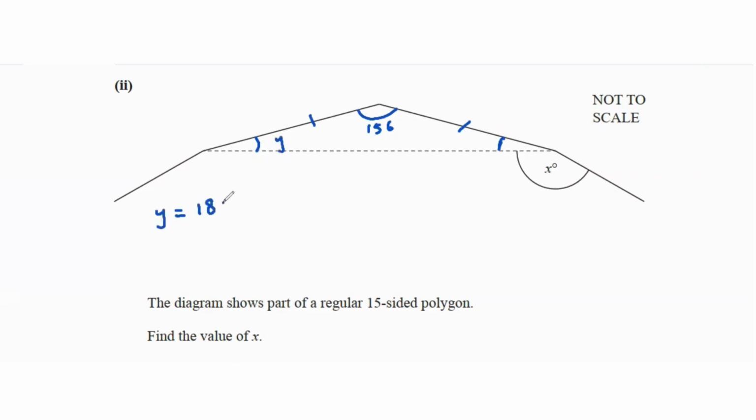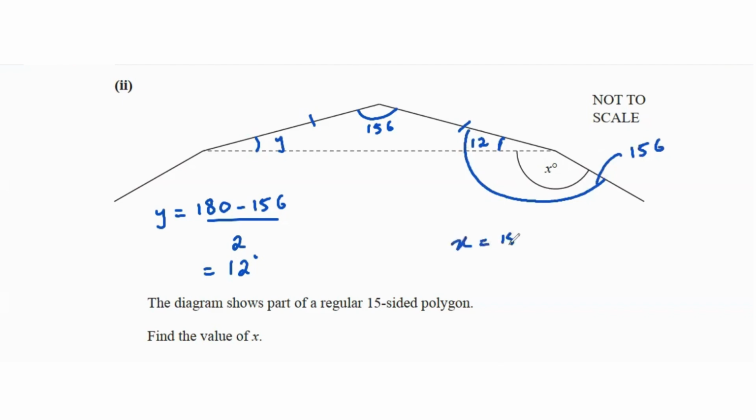Y is equal to 180 minus 156 divided by 2, which is going to equal 12 degrees. So if this is 12 and this entire angle is 156, so x is going to be 156 minus 12, which is 144 degrees.